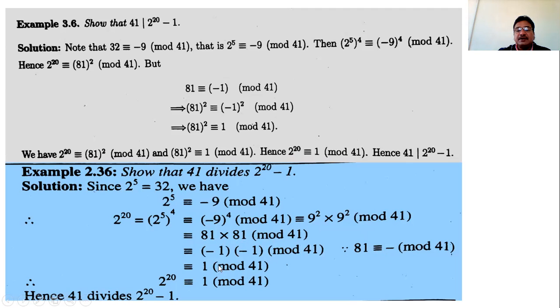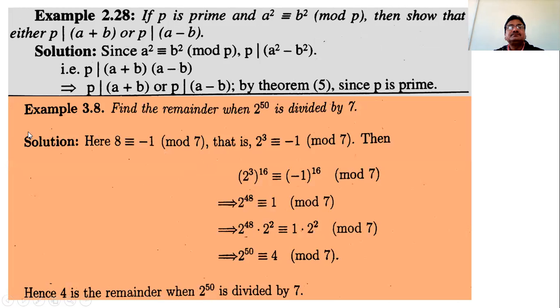And therefore minus 1 into minus 1 is plus 1. And then 2 raised to 20 is congruent to 1 modulo 41, and therefore 41 divides 2 raised to 20 minus 1. We can solve these examples by using different methods.